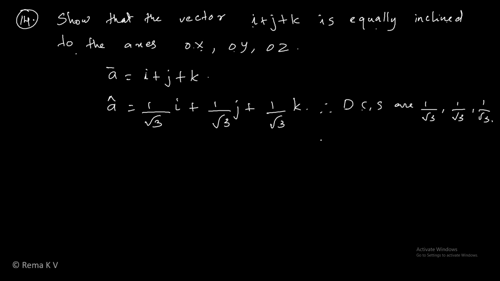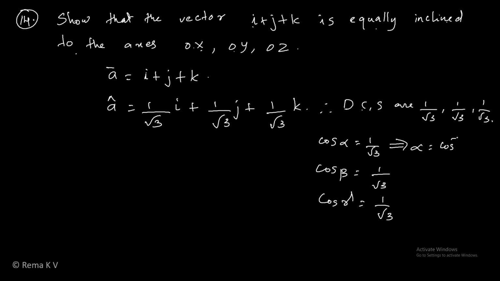Direction cosines are defined by cos alpha, which is equal to 1 by root 3, cos beta equal to 1 by root 3, and cos gamma equal to 1 by root 3. This gives alpha equals cos inverse 1 by root 3, beta equals cos inverse 1 by root 3, and gamma equals cos inverse 1 by root 3.